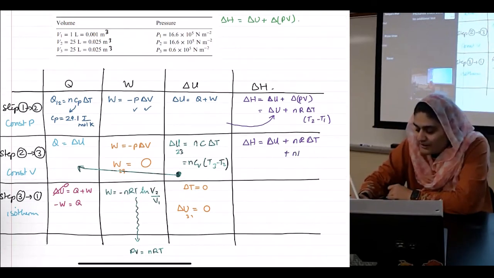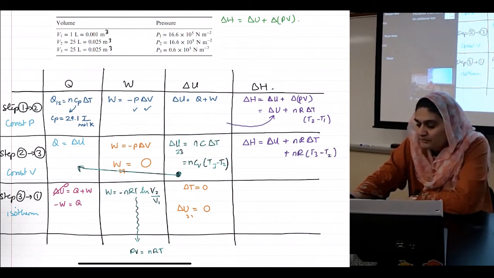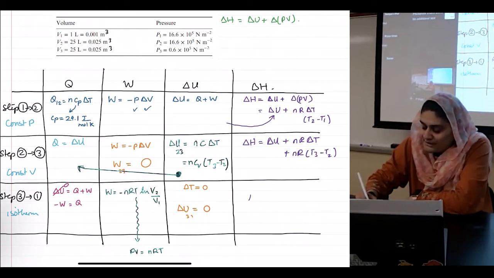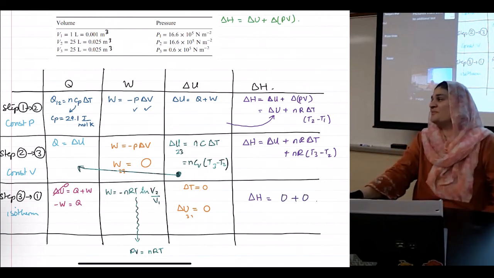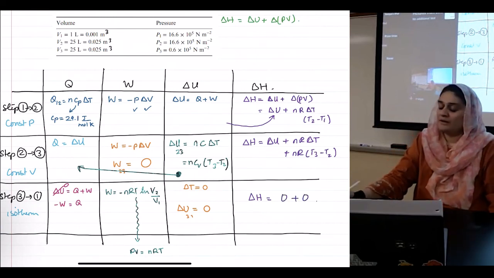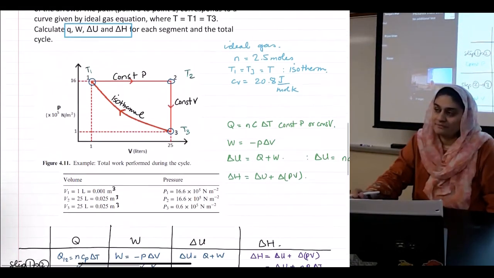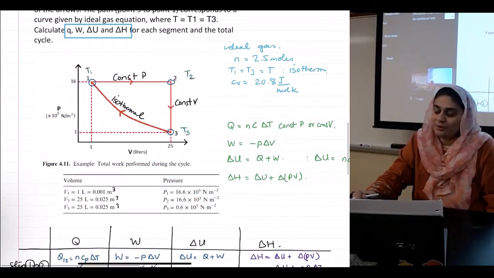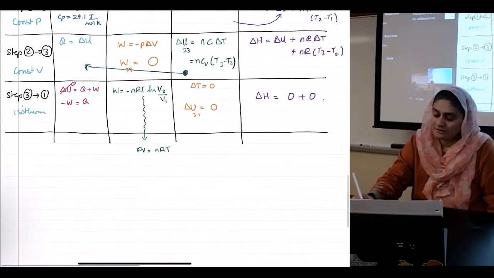So it'll be nR(T3 minus T2). And what will the delta H for this be? For an isotherm? Right. And what is T1 and T3? So what will be the answer? There we go.